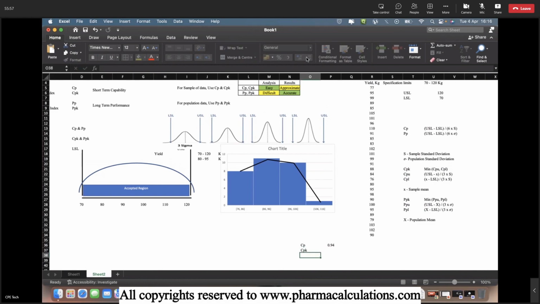For calculating the Cpk, we should first of all calculate the CPU and CPL.